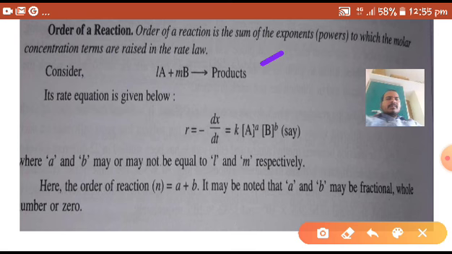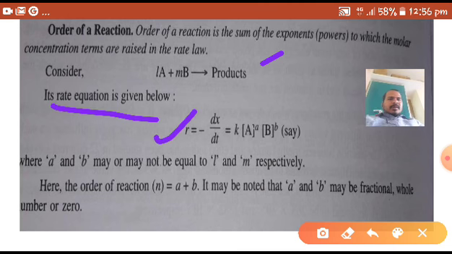Here a and b are the numbers of moles of reactant A and reactant B respectively. Its rate equation should be like this: minus dx by dt. Why am I assigning it minus? Because it shows the disappearance or consumption of reactants. So rate equals K, A to the power of a, B to the power of b.